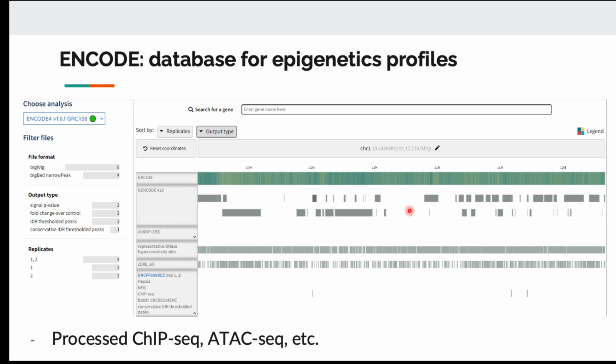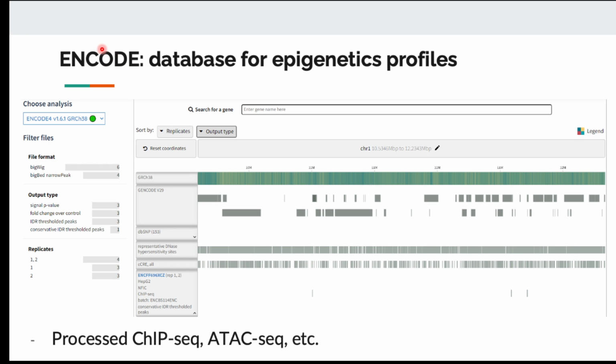Okay. So let's go over some examples of the online resources. Let's say you are interested in epigenetics data. You want to know on the DNA, on the chromosomes, which part is euchromatin, which part is generally heterochromatin. Where is the transcription factor binding site? Where are the histone methylation profiles on the chromosomes?